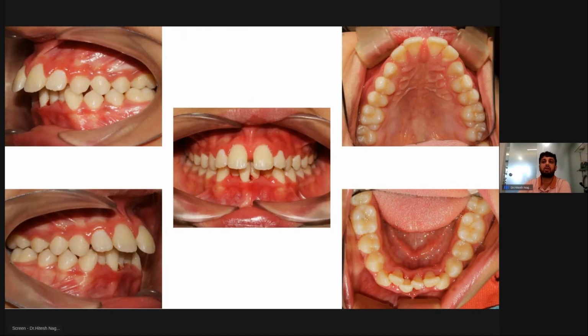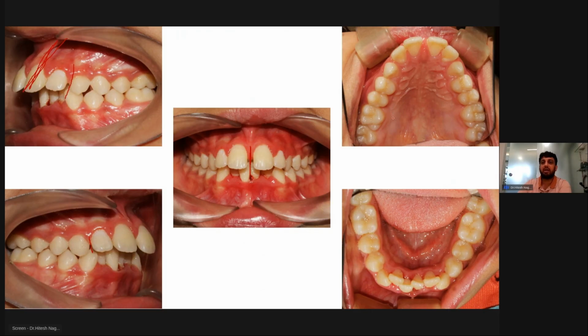Now I see intraorally, I see a huge midline diastema. I see spaces distal to the lateral. I also understand that the teeth are proclined. Okay.